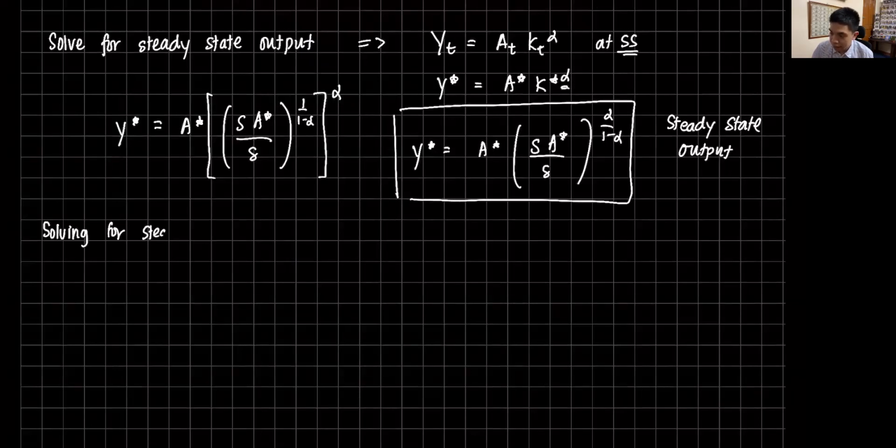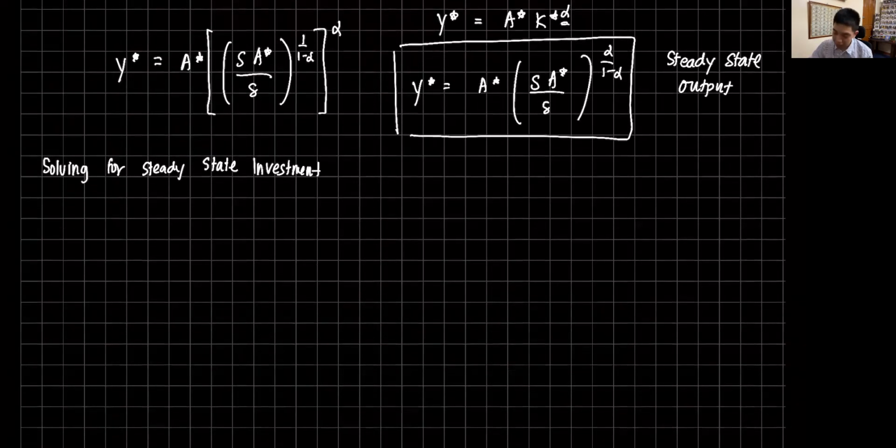We know that I star is just equal to the savings star, which is just some proportion S times Y, in this case at the steady state.